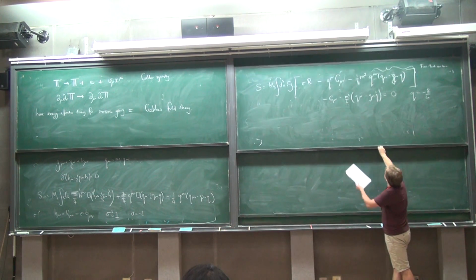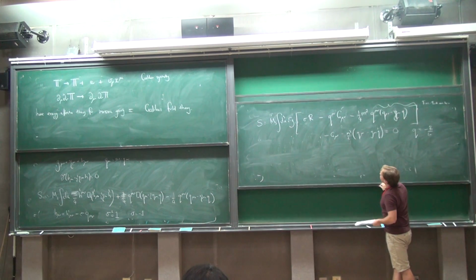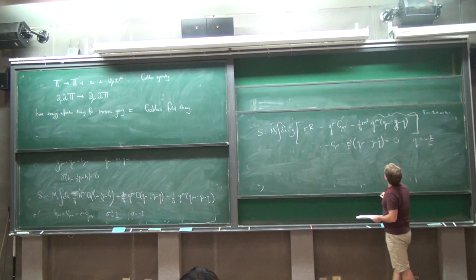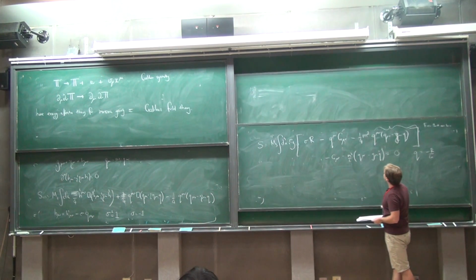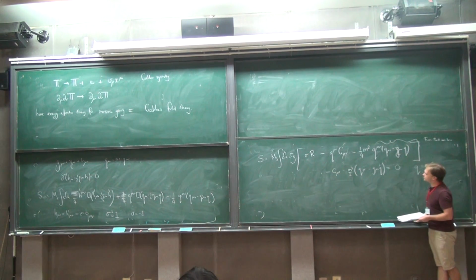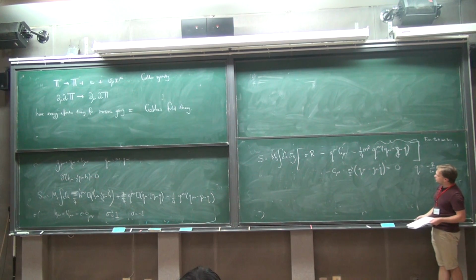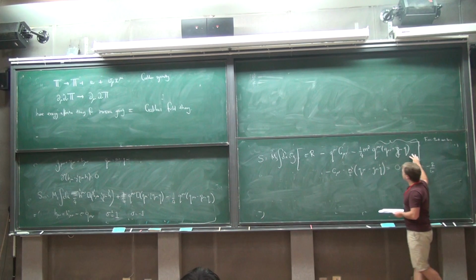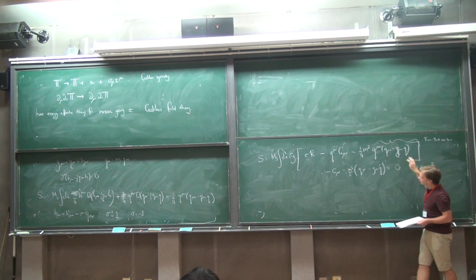And so there's my theory, back in its fully nonlinear form. Now what I'm going to do is some analog of the Stuckelberg trick, which is just a field redefinition. This is a nonlinear, fully covariant theory.